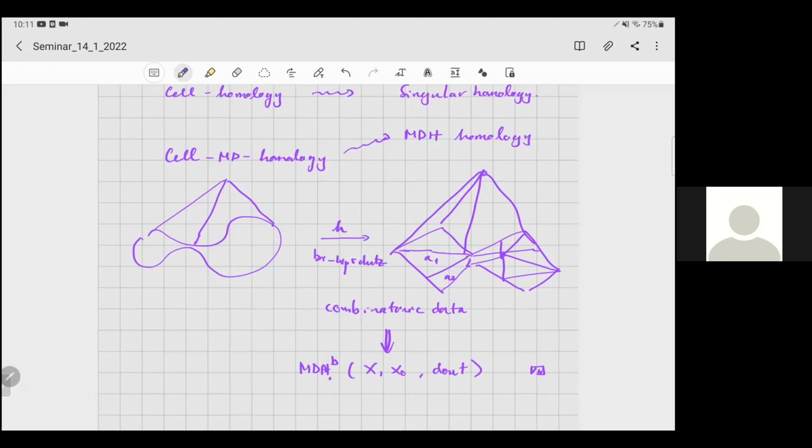It's like homology is a topological invariant, but it's not enough to determine the topological type, right? It's just an invariant, but I think it's useful.